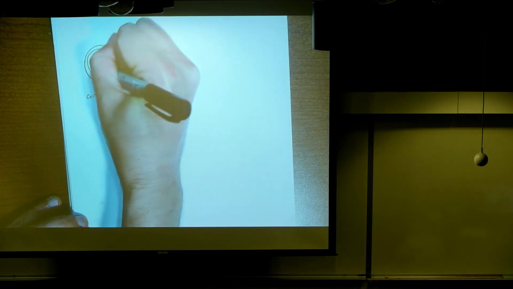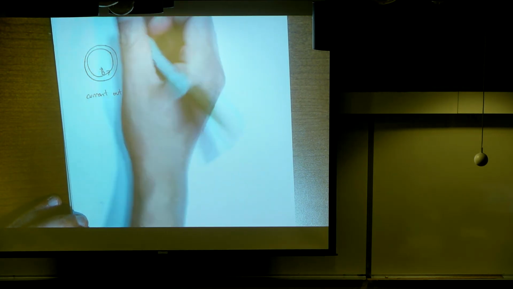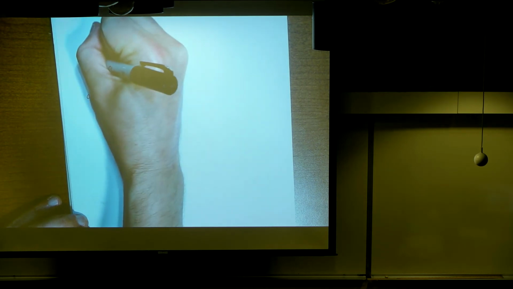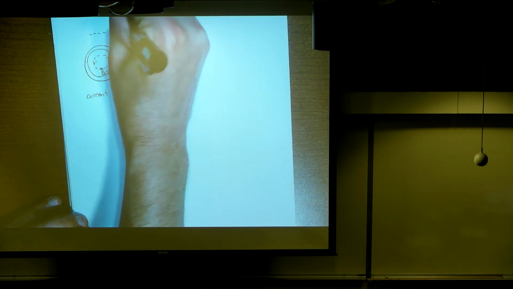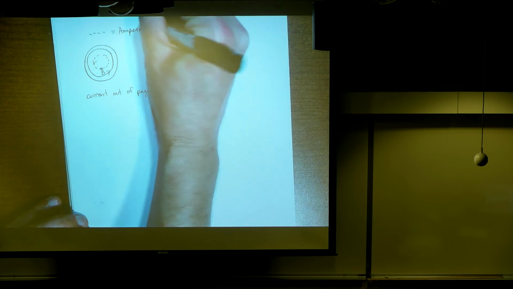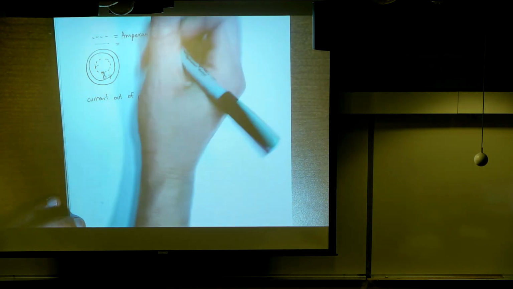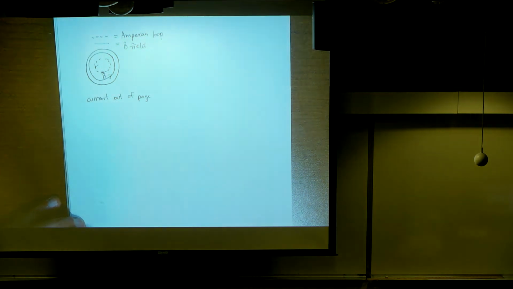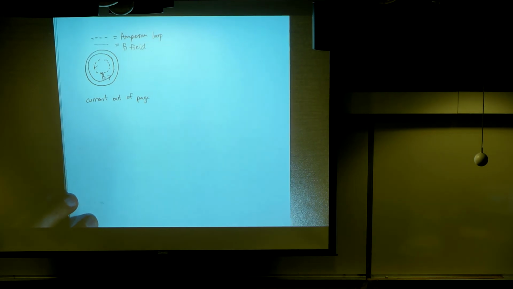There's B. And then with the dashed line, I'm going to draw our loop. So the dashed line is the Amperian loop, and the solid line is our B field. Hopefully that's clear enough. Not the best drawing I've ever done, but you see what's going on here, right?